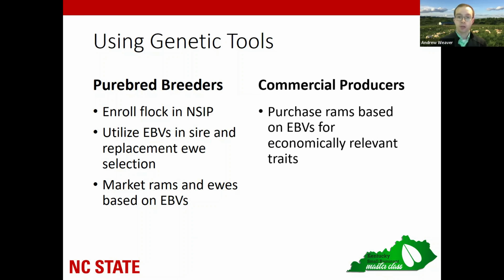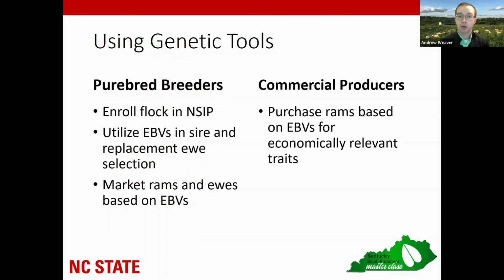What if you're a commercial producer? If you're a commercial producer, you don't necessarily need to enroll your whole flock in NSIP. The key here is to purchase rams based on EBVs for those economically relevant traits. Remember, after just 4 generations, over 90% of the genetics in your flock will be the result of sire decisions. As a commercial producer, you don't necessarily need to have EBVs for your ewes.